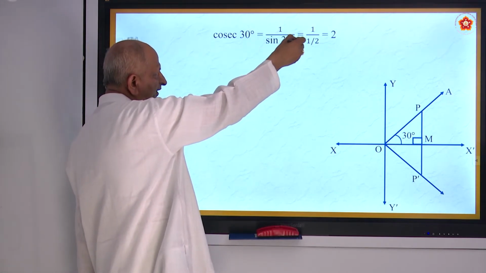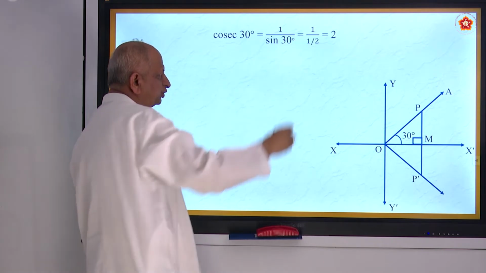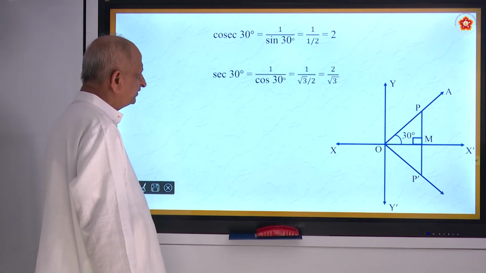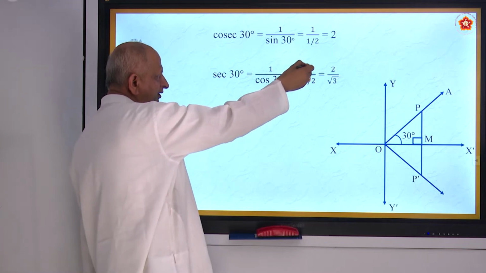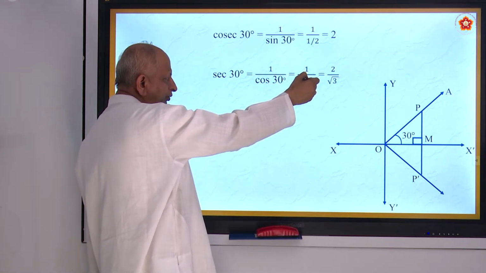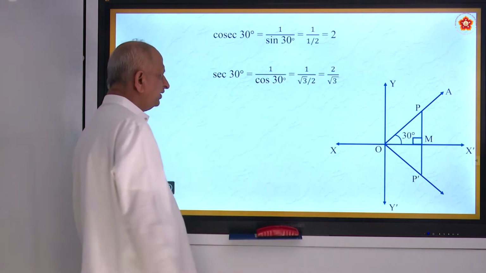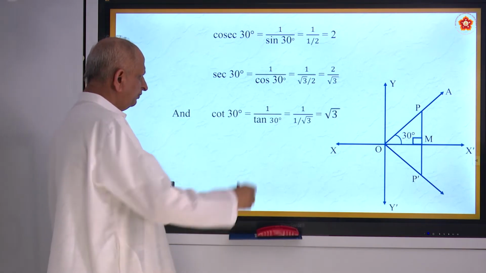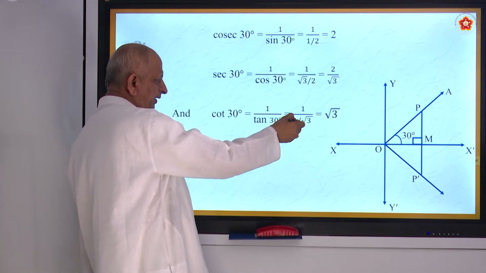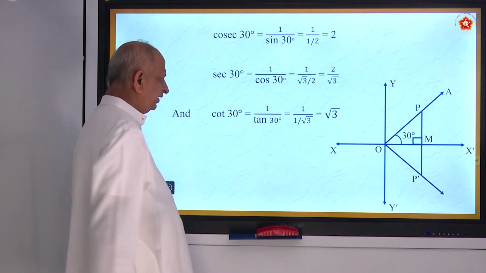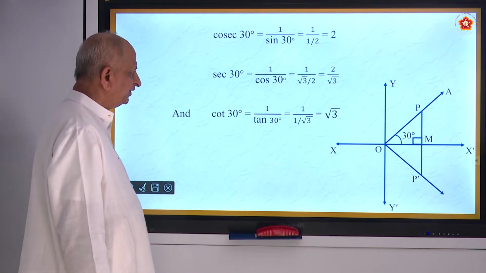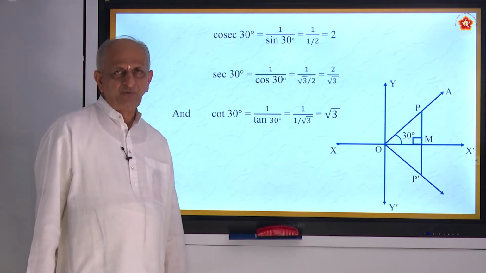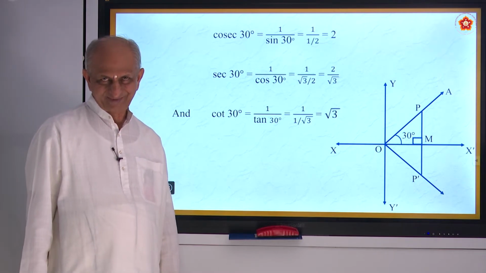Cosec is 1 by sin 30, 1 by half, that is 2. Secant 30 becomes 1 by cos 30, 1 by root 3 by 2, that is 2 by root 3. And cot 30 is 1 by tan 30, 1 by 1 by root 3, becomes root 3. So these are the 6 ratios of 30 degrees.